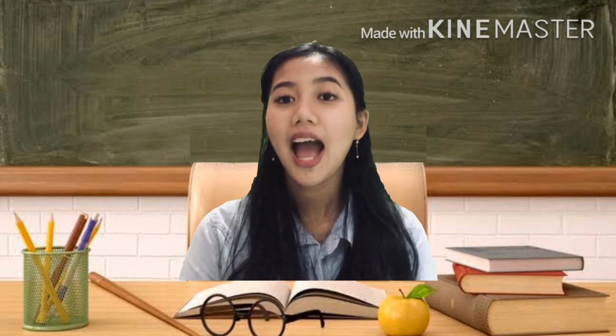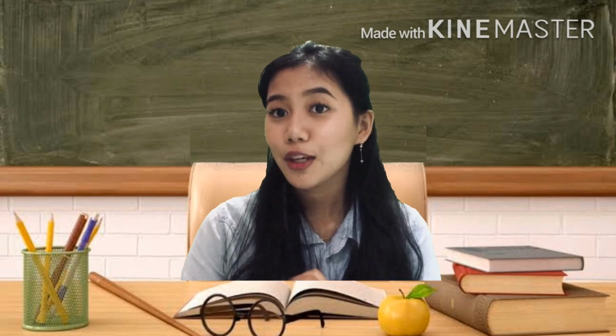I hope this video will be beneficial for you and will help you to create or arrange an oral report text easier by using one of the 21st century learning method, which is based on student-centered learning. And by applying this method, I hope you can develop your critical thinking, problem-solving abilities, and lifelong learning.